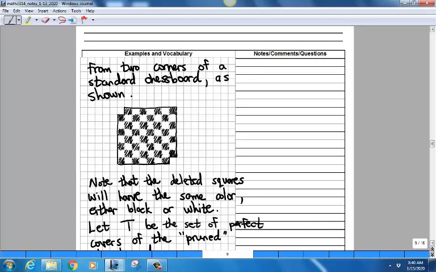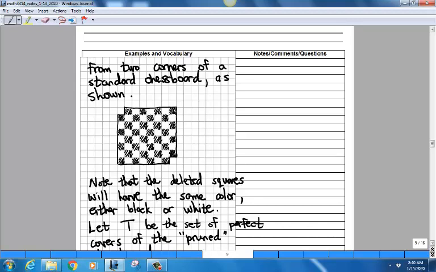And how many squares are we covering here? Well, in the original chessboard there were 64 squares, because this is an 8x8 grid, 8 rows and 8 columns. But we take 2 off. So you have 64 minus 2, which is 62, which is still an even number. So it's at least conceivable that we could cover the chessboard.